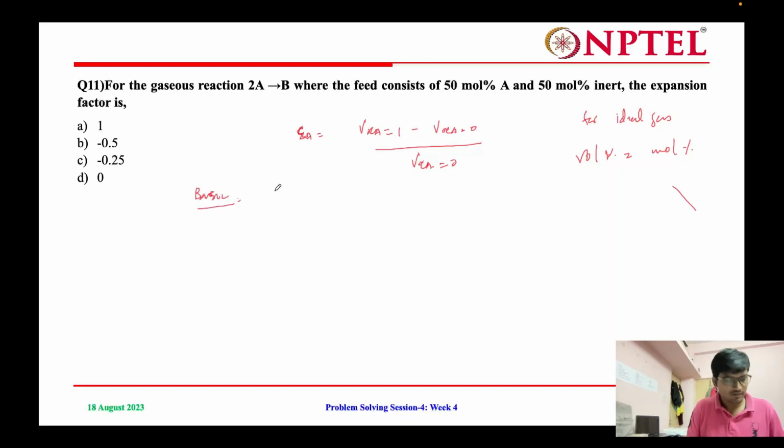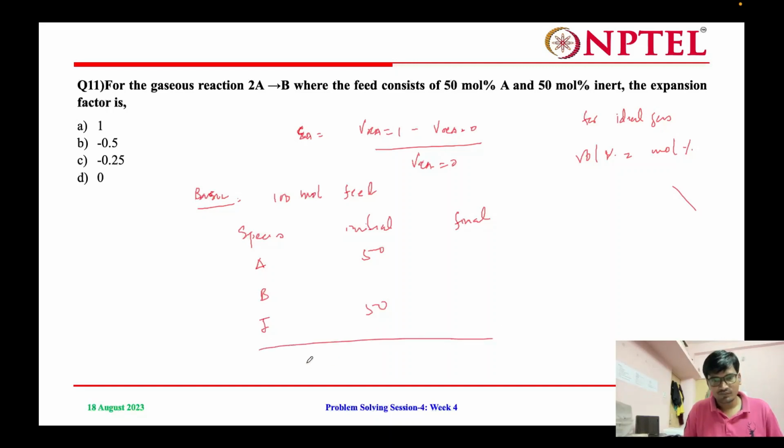Now we take 100 moles of feed. The species are A, B and inert, initial and final. A is 50, inert is 50, total 100.